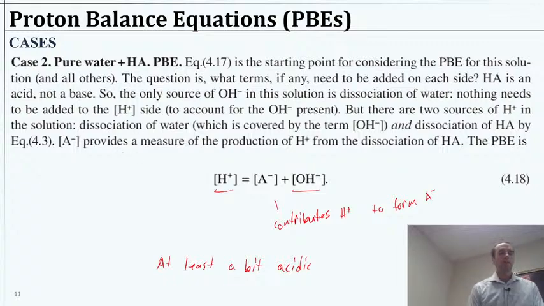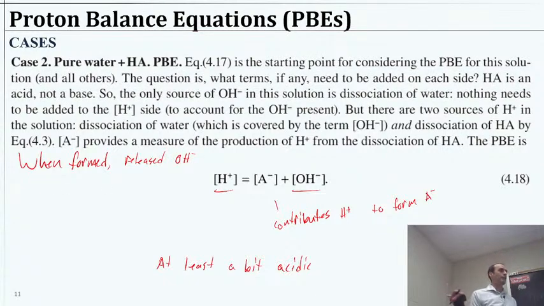So everything on the left side should be, when formed, released OH minus. And on the right side, when formed, released an H plus. So in that sense, only the H plus from water dissociation was releasing it.